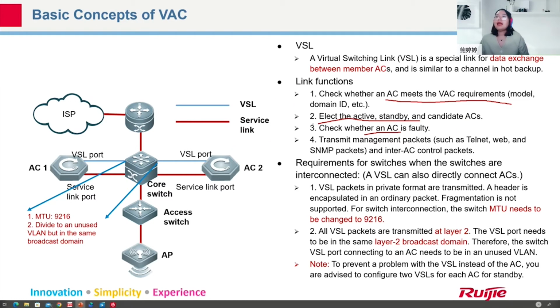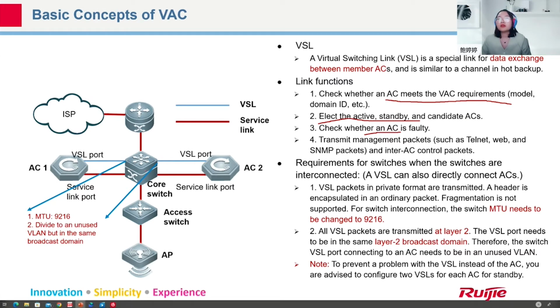This is the function. And the switch requirements are very important if you deploy the VAC in your network. Pay attention: you can directly use the VSL to connect two ACs, and this works. But if you use one switch to connect these two ACs, first, between AC1 and AC2 they exchange VAC messages. This is a special message, not like an Ethernet message, and it cannot be fragmented.